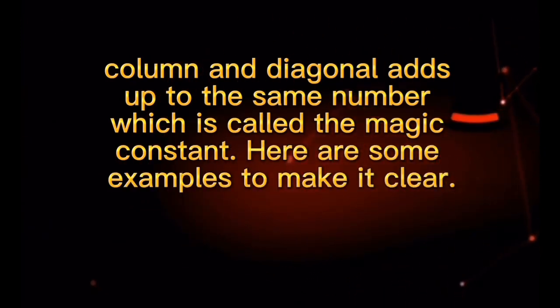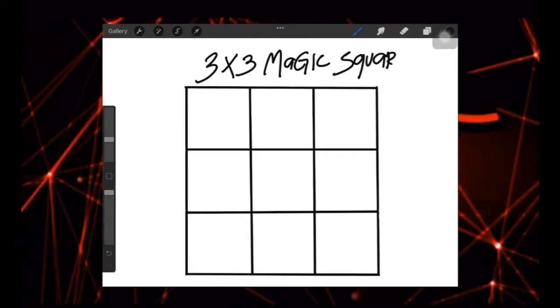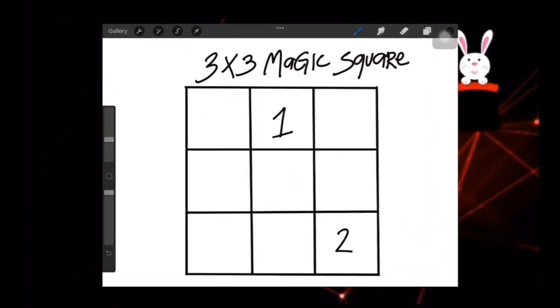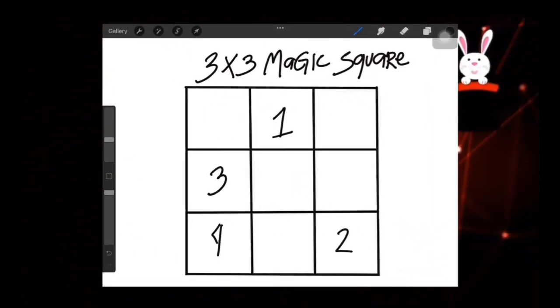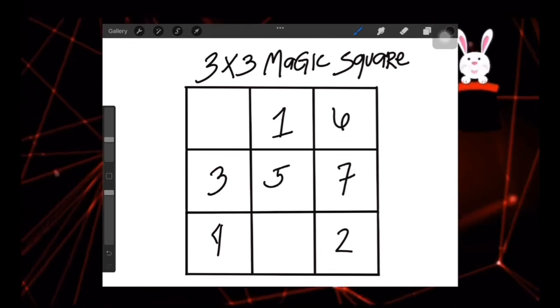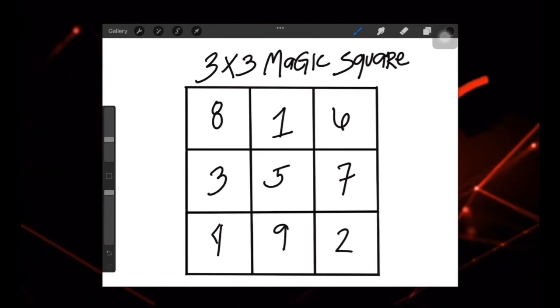Here are some examples to make it clear. Let's make a 3 by 3 magic square. Just put 1, 2, 3, 4, 5, 6, 7, 8, and 9. The magic constant here is 18.